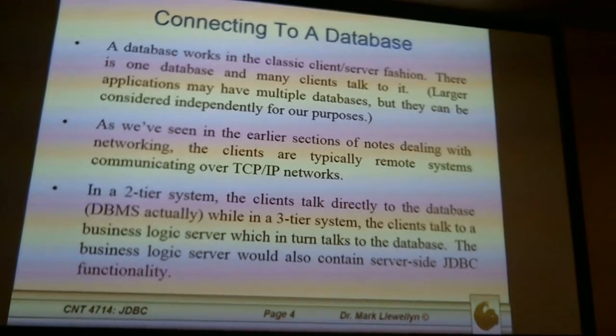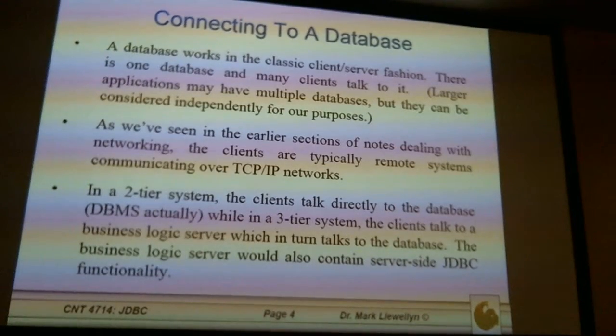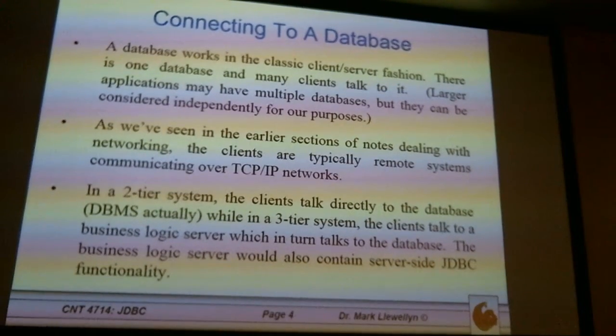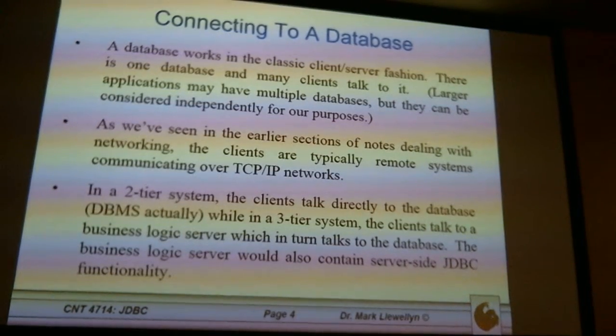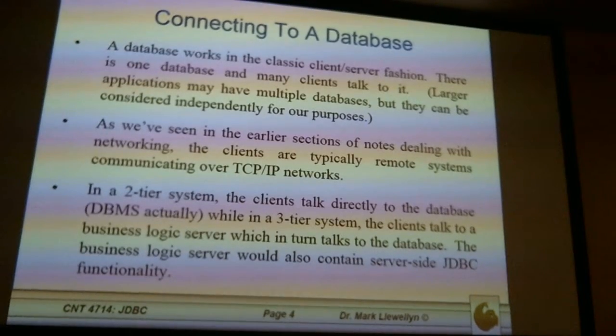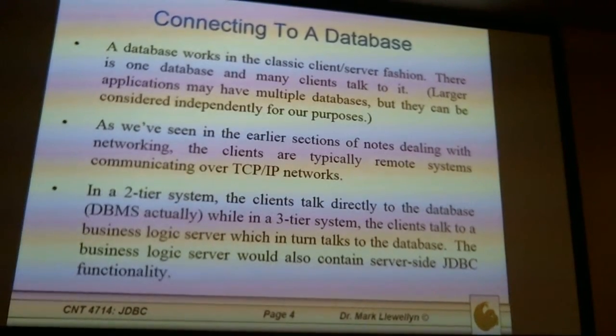The way it essentially works is we're going to start out looking at what are called two-tier architectures. In a two-tier environment, your client is considered a fat client, meaning that the client has to have the application on board for the user to be able to deal with your application. It's not server hosted. It's locally hosted on the client's machine.